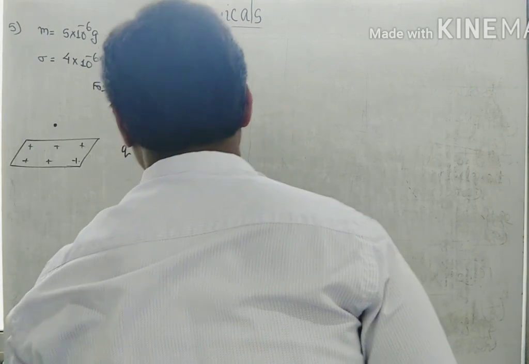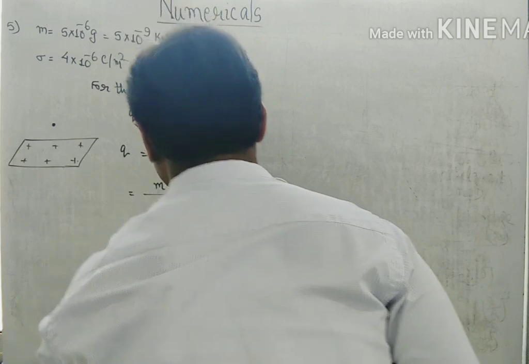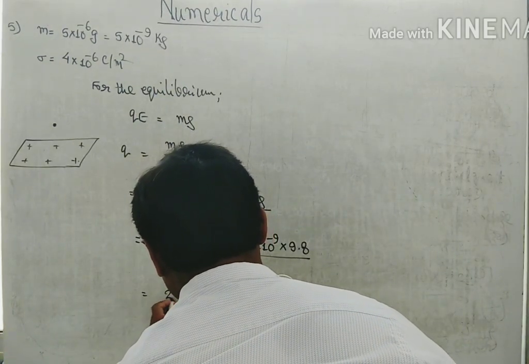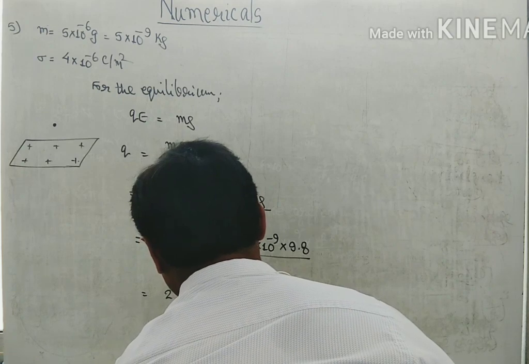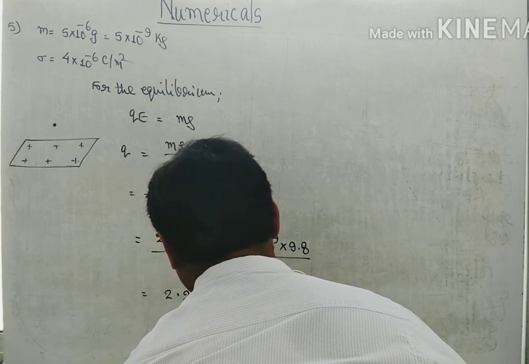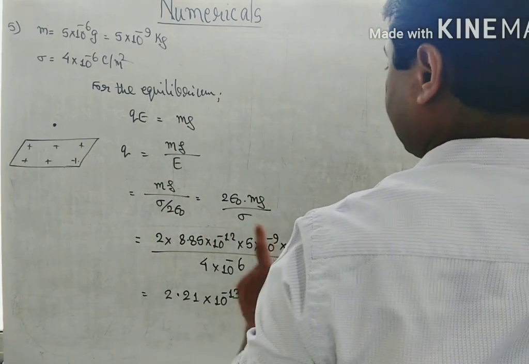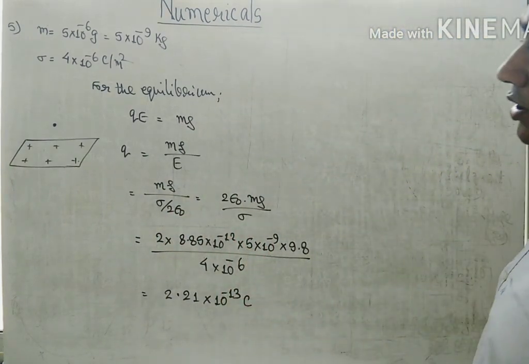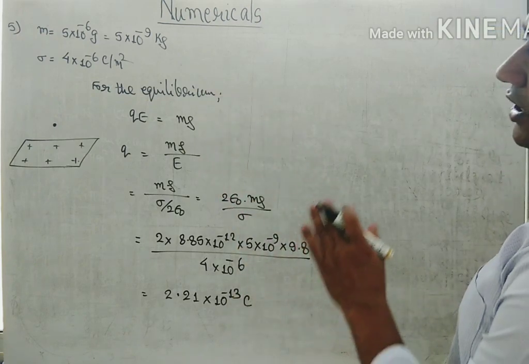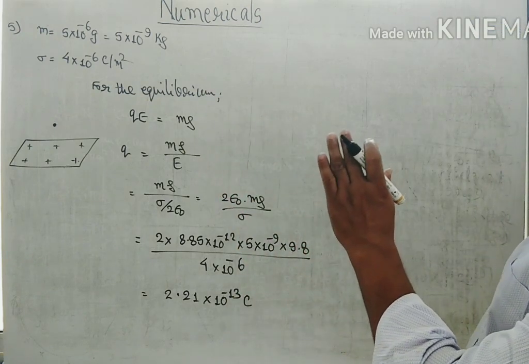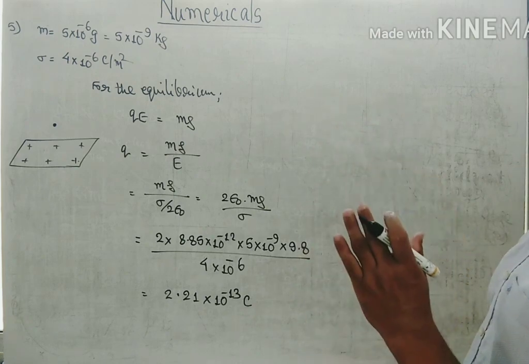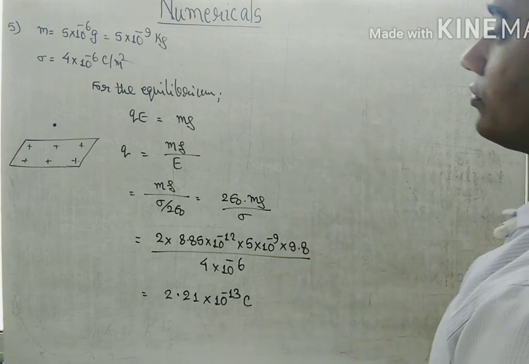So here, students, you can have the final outcome to be 2.21 × 10^-13 coulomb. So this is the charge that needs to be given to that particle so that if released, it remains static at rest and does not fall down.